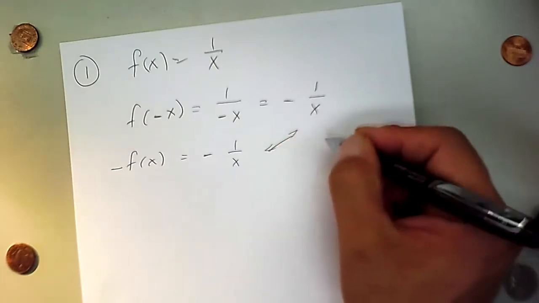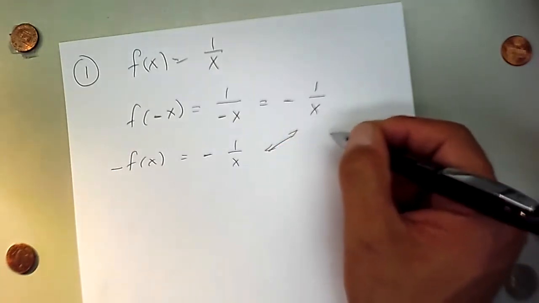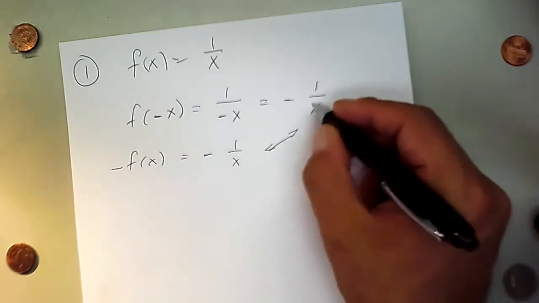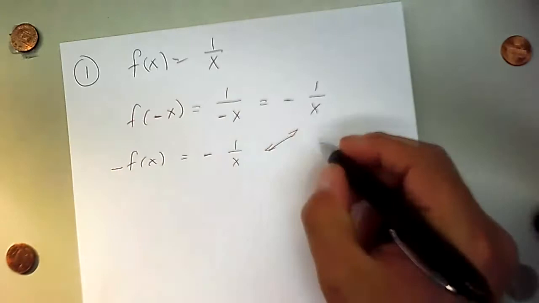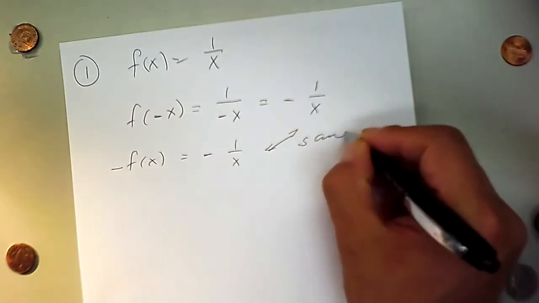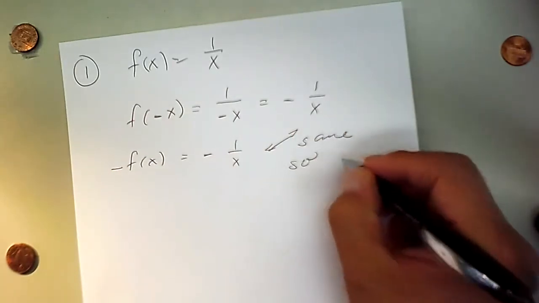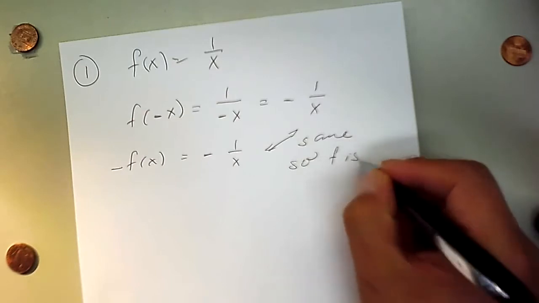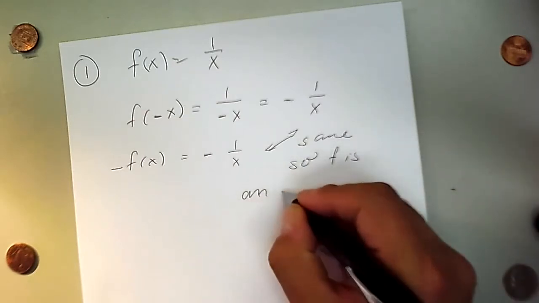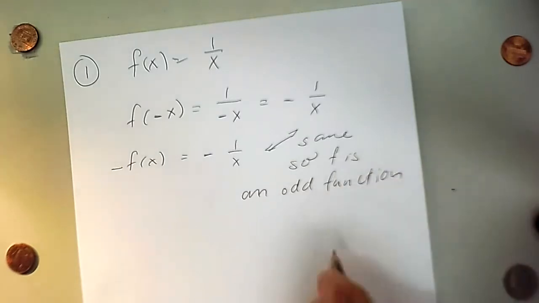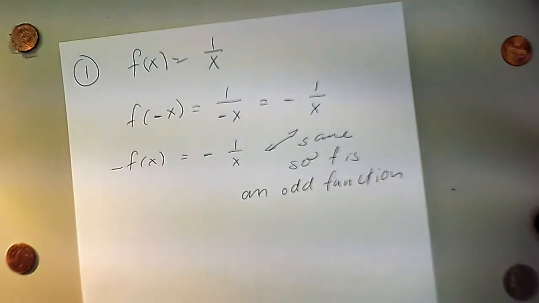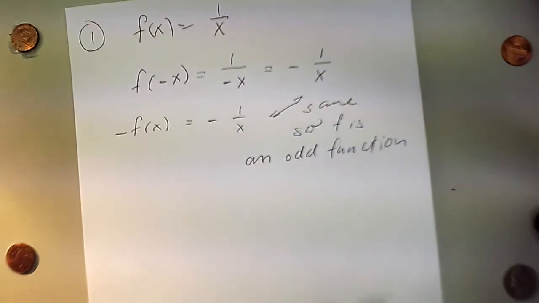We did this in previous videos, so this is a little bit of a review. If those two are the same, that means that the function is odd. So f is an odd function, which means that it is symmetric with respect to the origin.